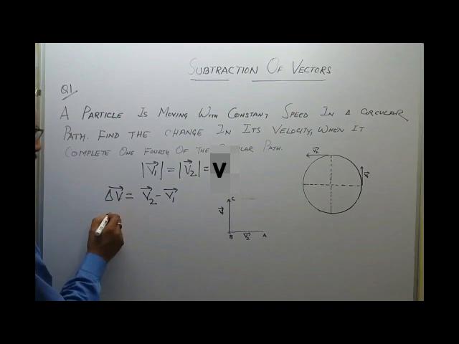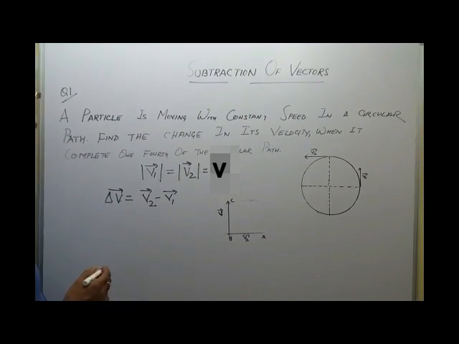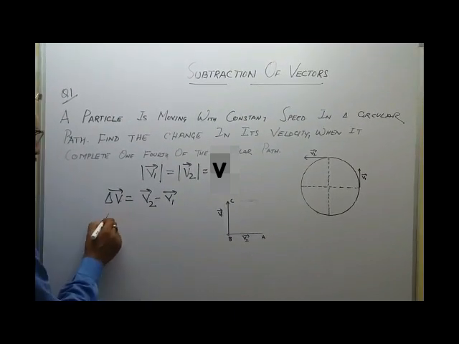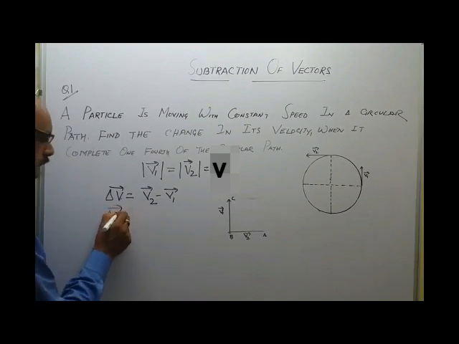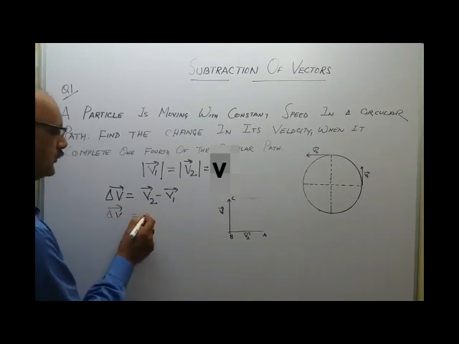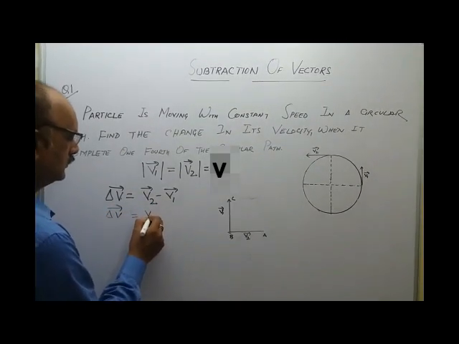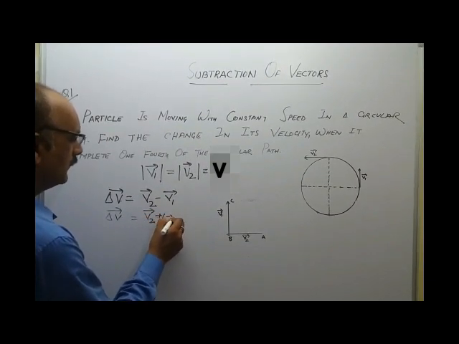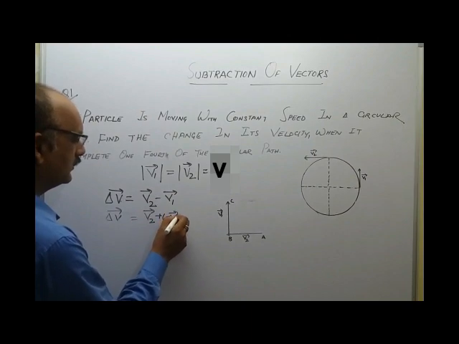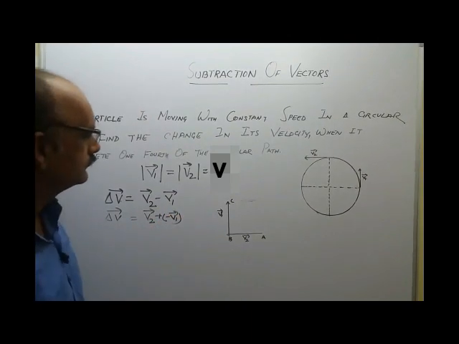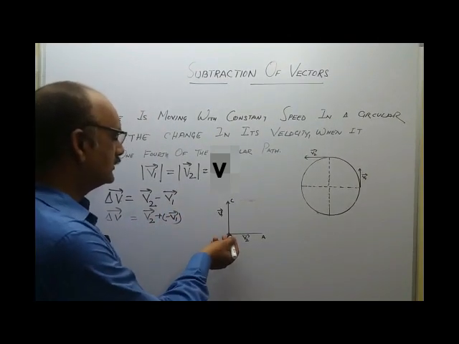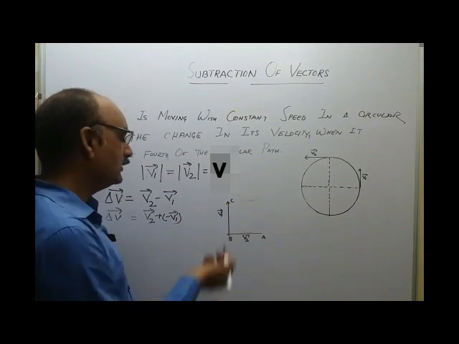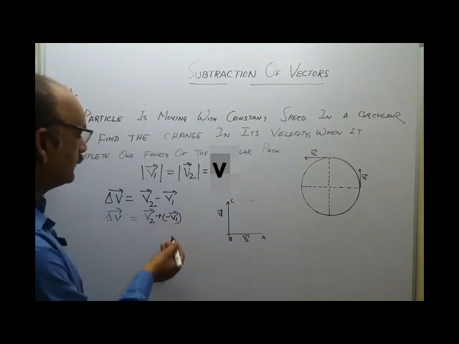Now delta vector V equal to vector V2 plus minus vector V1. Now this is plus vector V1 or minus vector V1.